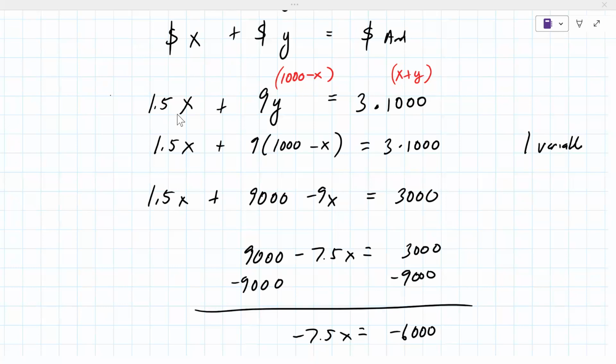I set it up 150 T instead of 1.5 X. That would definitely not be good. It's the dollar amount times the amount, so we keep the decimal in. If they were all decimals, you might consider eliminating it.